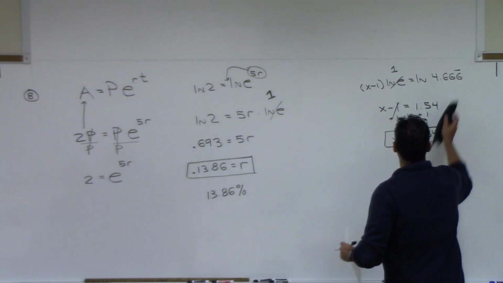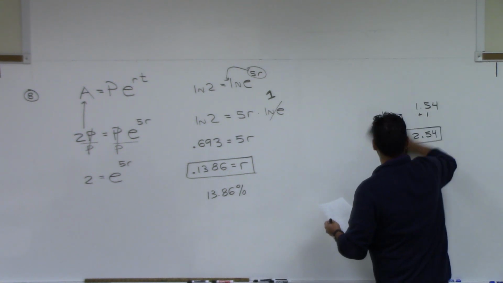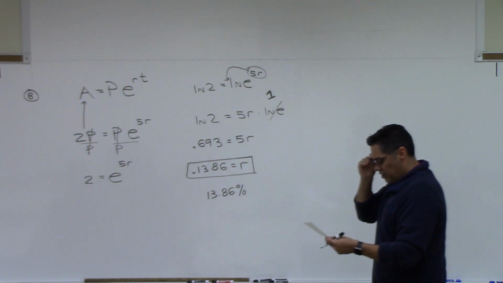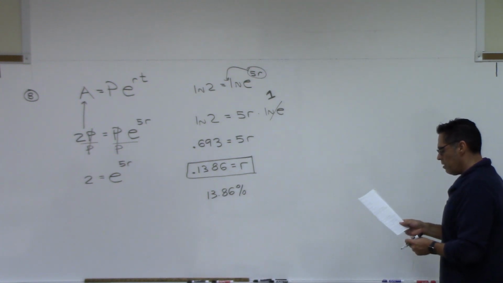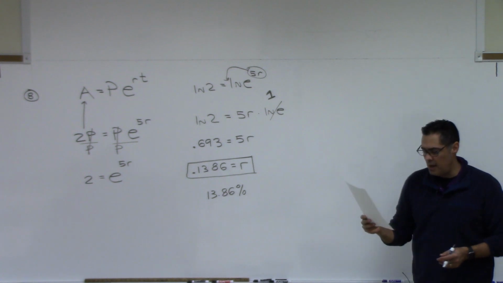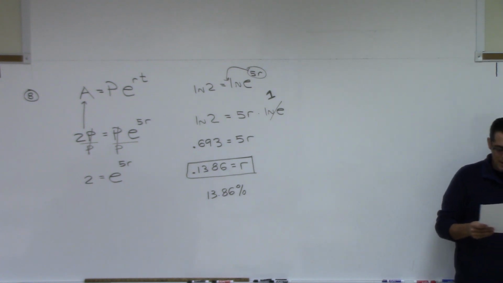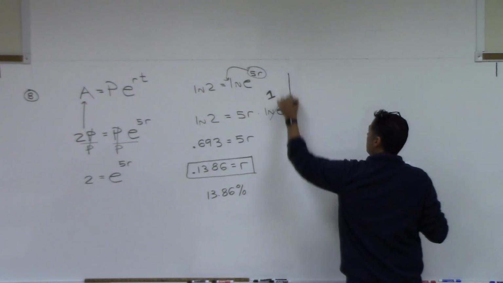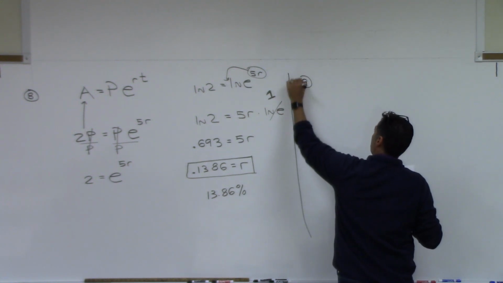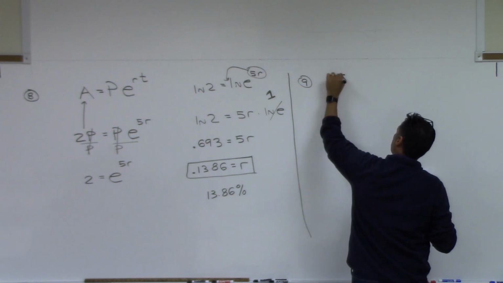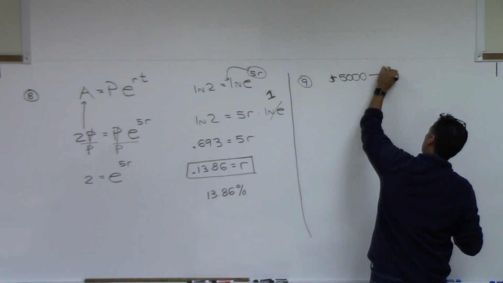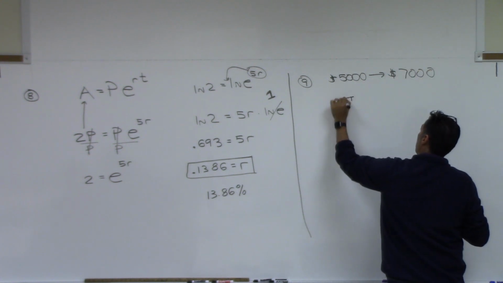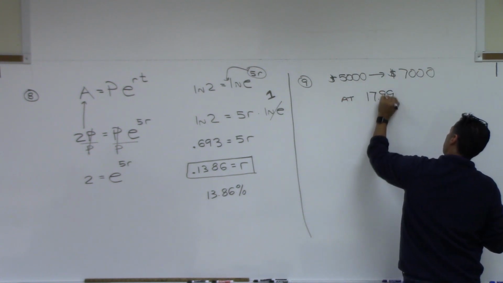All right, number 9. Number 9 already? Okay. How much time is needed to turn $5,000 into $7,000 at an interest rate of 17.99%? So for number 9, we're trying to turn $5,000 into $7,000 at an interest rate of 17.99%.